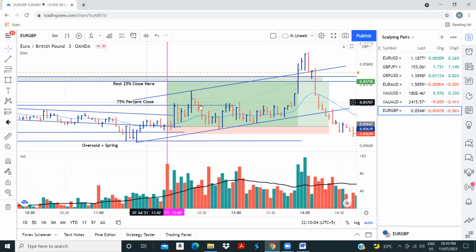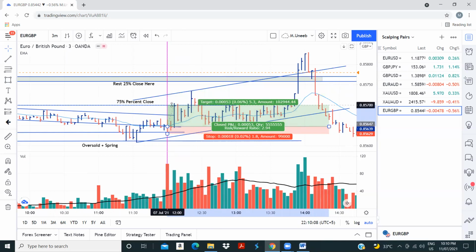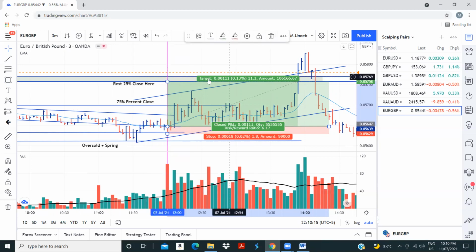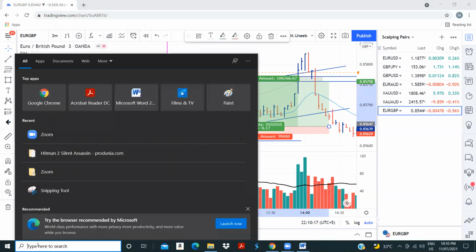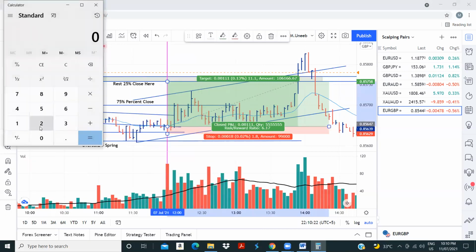Okay, so 25% of this. How much will you achieve if you close here? 2.89%. This one is the rest, 6.17. So 25% of 6.17, let's say roughly 25% of 6%. That will be 1.5%. Okay, wait, 25% of, why is it giving 0?